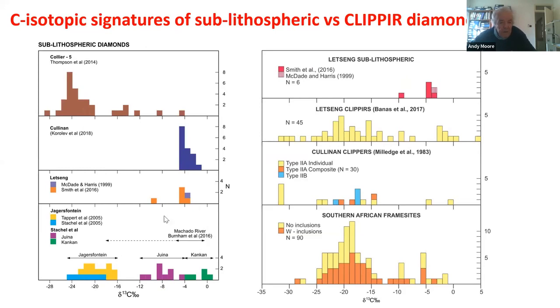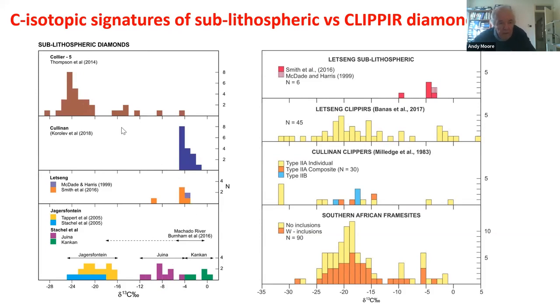But for instance, the Jarvis-Fontaine suite overlaps the light part of the population at Letseng and Cullinan, but it lacks the heavier population.